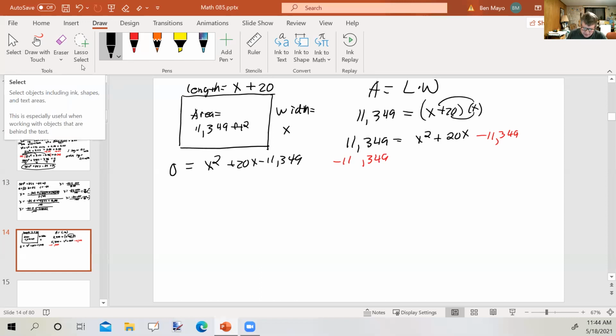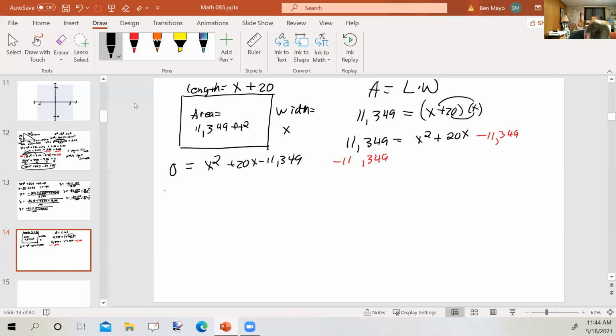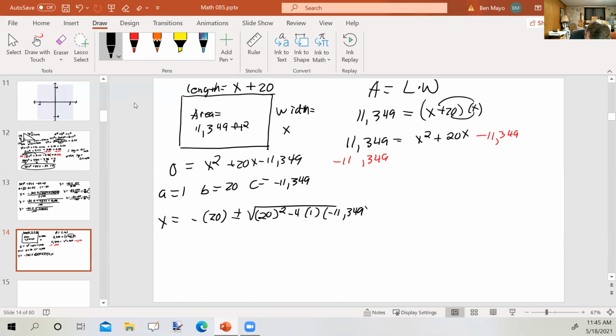Now, we can't make those numbers smaller. So a is 1, b is 20, c is negative 11,349. So x equals negative b plus or minus the square root of b squared minus 4ac all over 2a. And in this case, a is equal to 1.